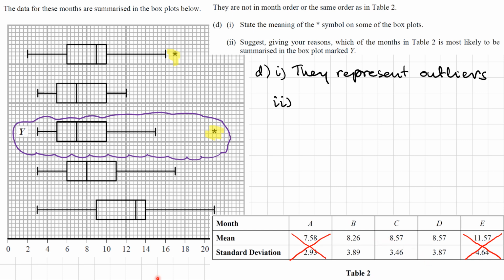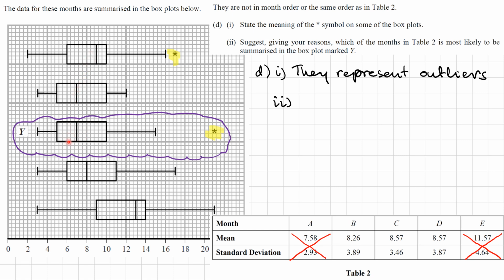And I've come to that conclusion because remember, these asterisks are outliers, so I'm not considering those when I'm looking at the overall spread of the data. Now I'm going to look at the mean, and I'll use the median in the box plot to give me a rough idea of what its mean is.